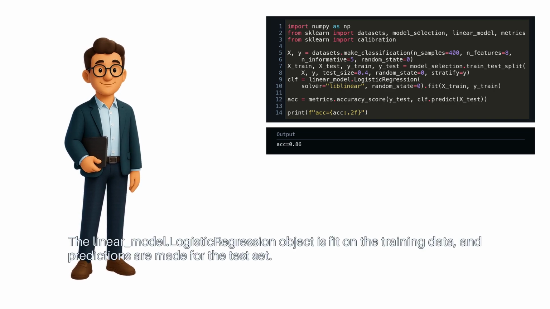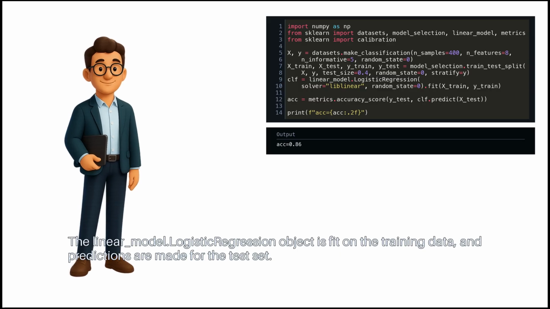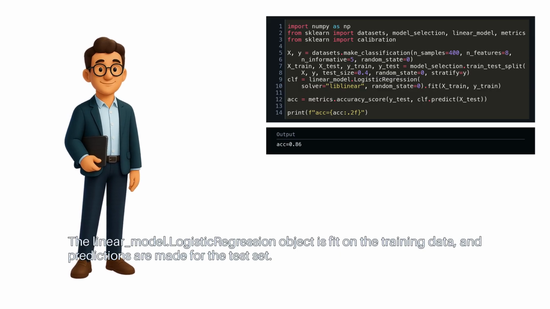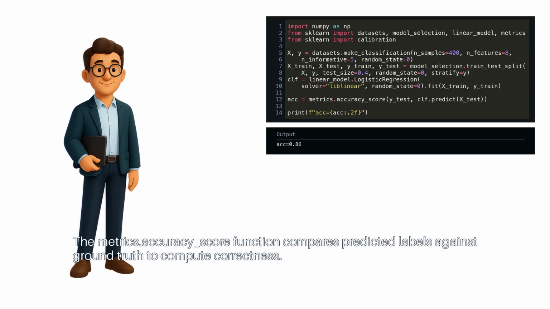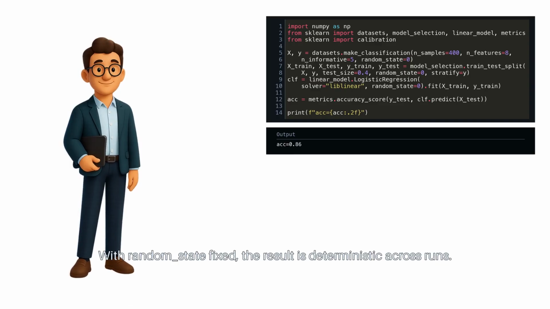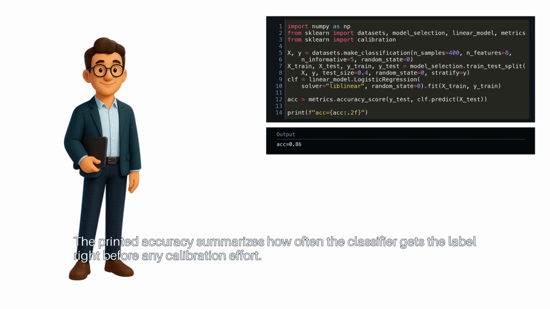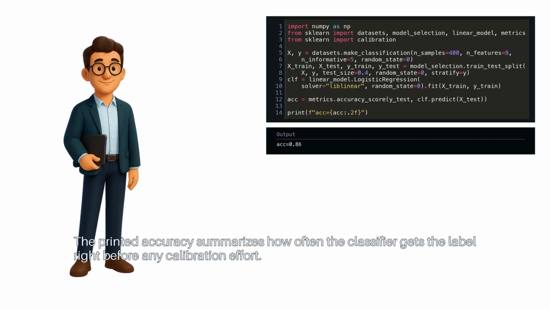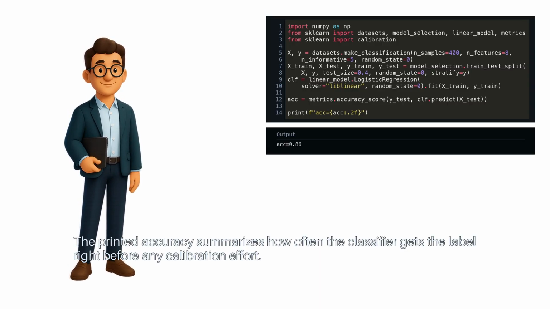The linear_model.LogisticRegression object is fit on the training data, and predictions are made for the test set. The metrics accuracy_score function compares predicted labels against ground truth to compute correctness. With random state fixed, the result is deterministic across runs. The printed accuracy summarizes how often the classifier gets the label right before any calibration effort.